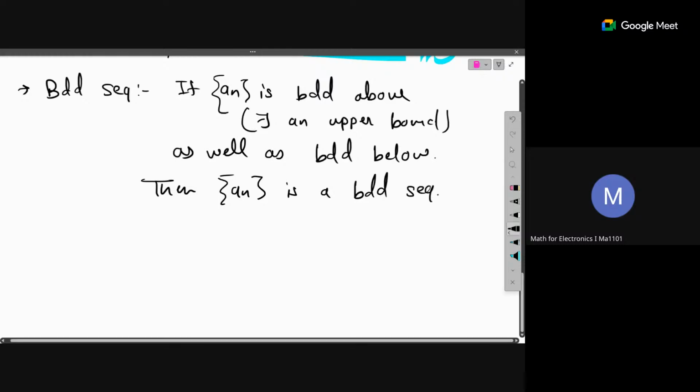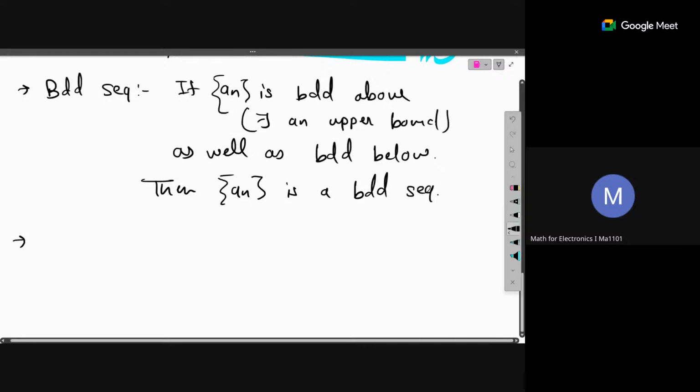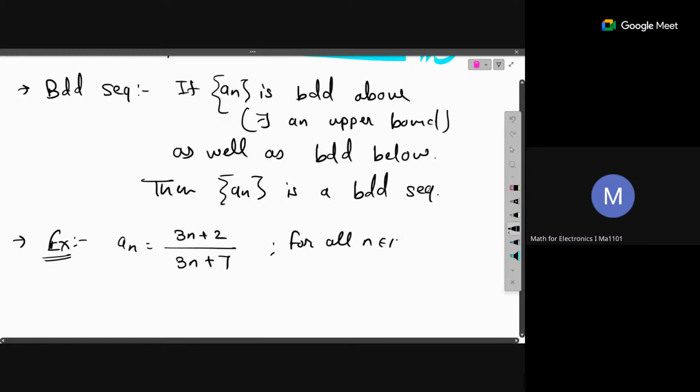Okay, now I'll take some simple examples. Let's try to judge them. Suppose you have a sequence a_n given by (3n plus 2) upon (3n plus 7), for all n belonging to the natural numbers.